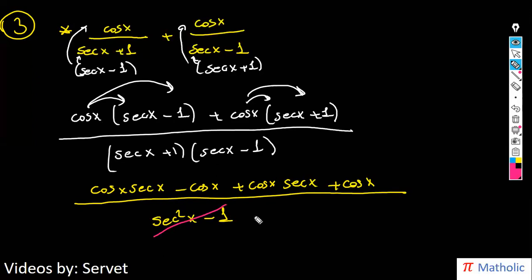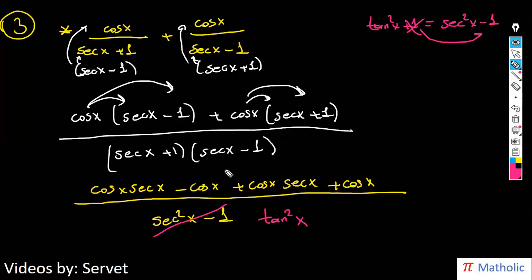Let's remember, we said tangent squared plus 1 equals secant squared. So if you shift 1 to the right side, it will be secant squared minus 1 equals tangent squared. So instead of this, we can write tangent squared x.